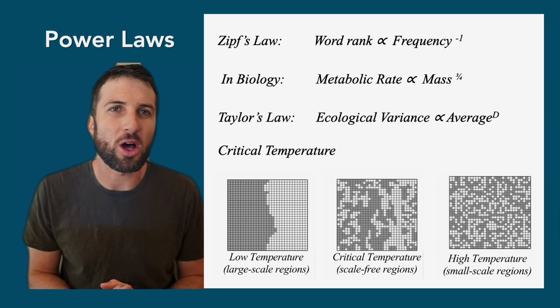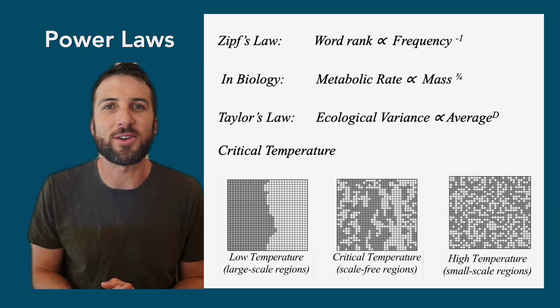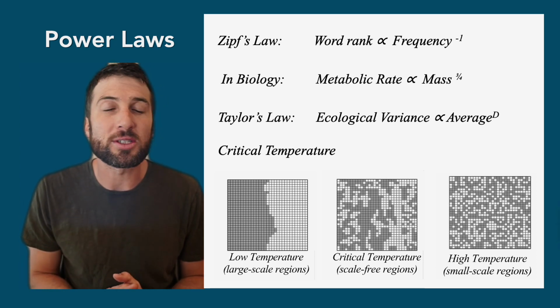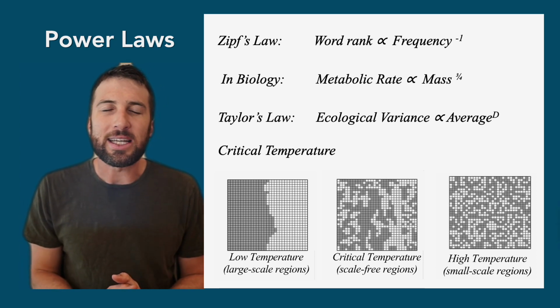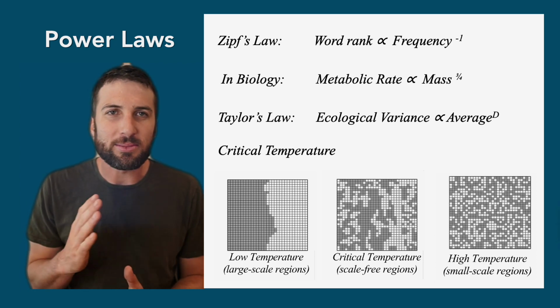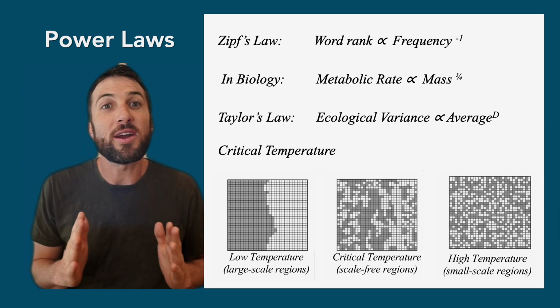Taylor's law is another power law that applies to biology. There are a lot of different variations of Taylor's law. It can apply to a lot of different measures. But what it is looking at is the ecological variance. And the variance here is the displacement from the center. If you think about a standard deviation, that can be thought of as the variance.